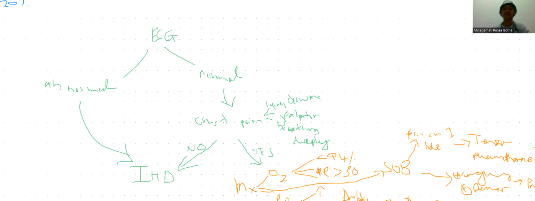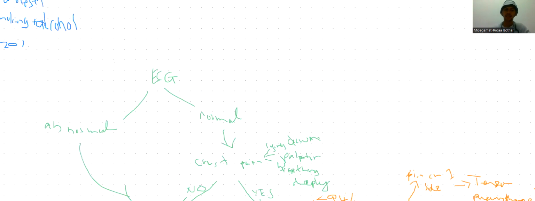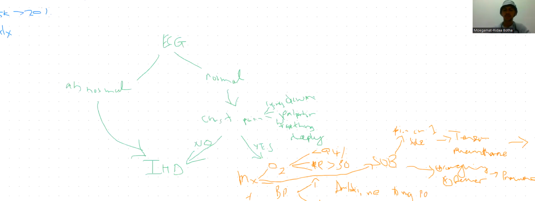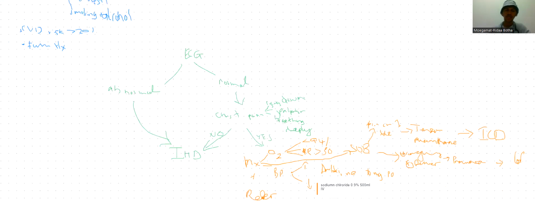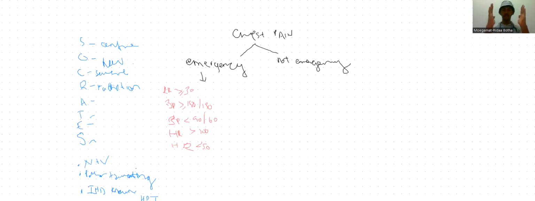So we have an emergency and we're kind of done with it in an emergency setting. Very important to comprehend and understand. For chest pain, it could either be an emergency or not an emergency. If it's an emergency, the patient could either be in shock or there's a spike in a whole lot of the vitals.